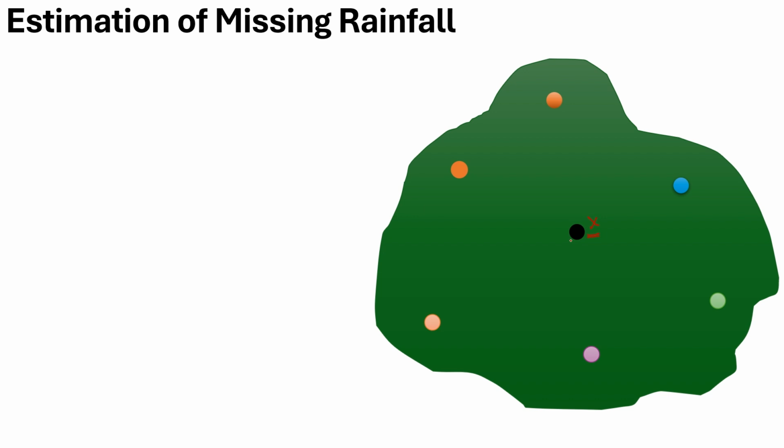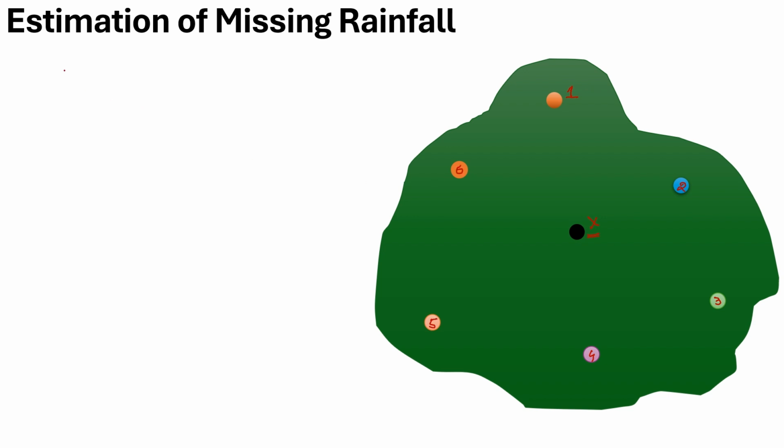To estimate the precipitation of this station, I would number the stations which are known: 1, 2, 3, 4, 5 and 6.